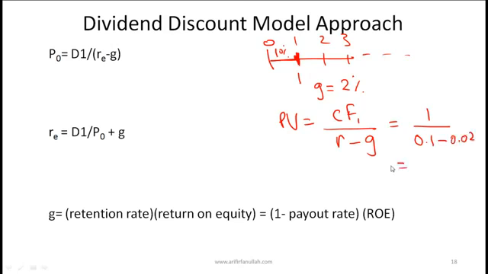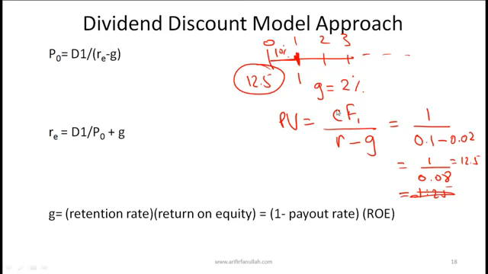So the present value will be 1 divided by 0.08, which is equal to 12.5. So we are saying that the present value is equal to 12.5 for this cash flow.